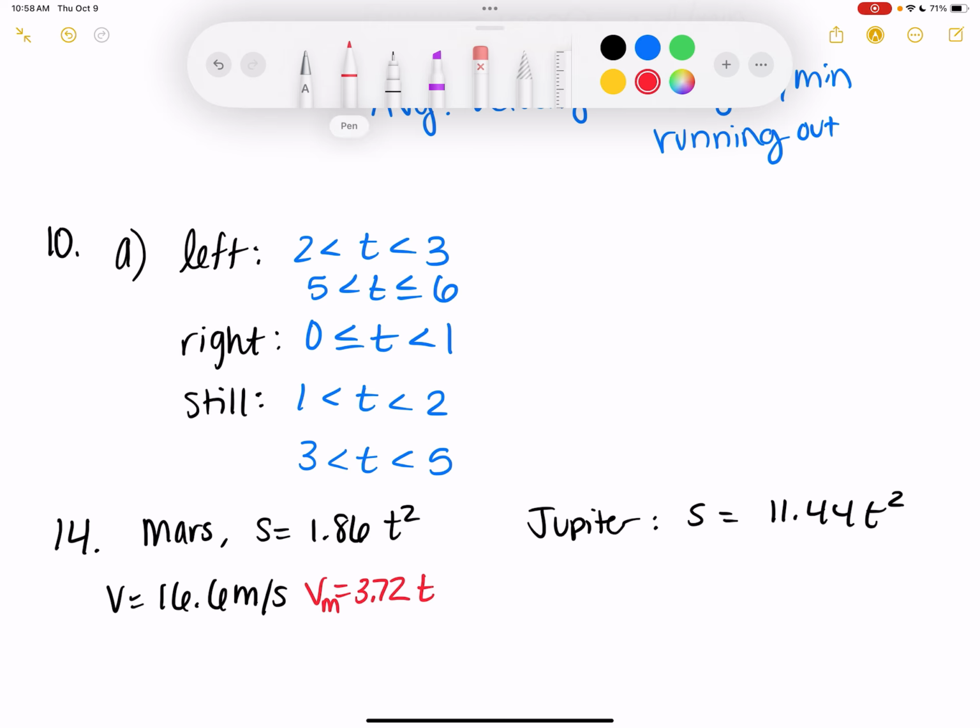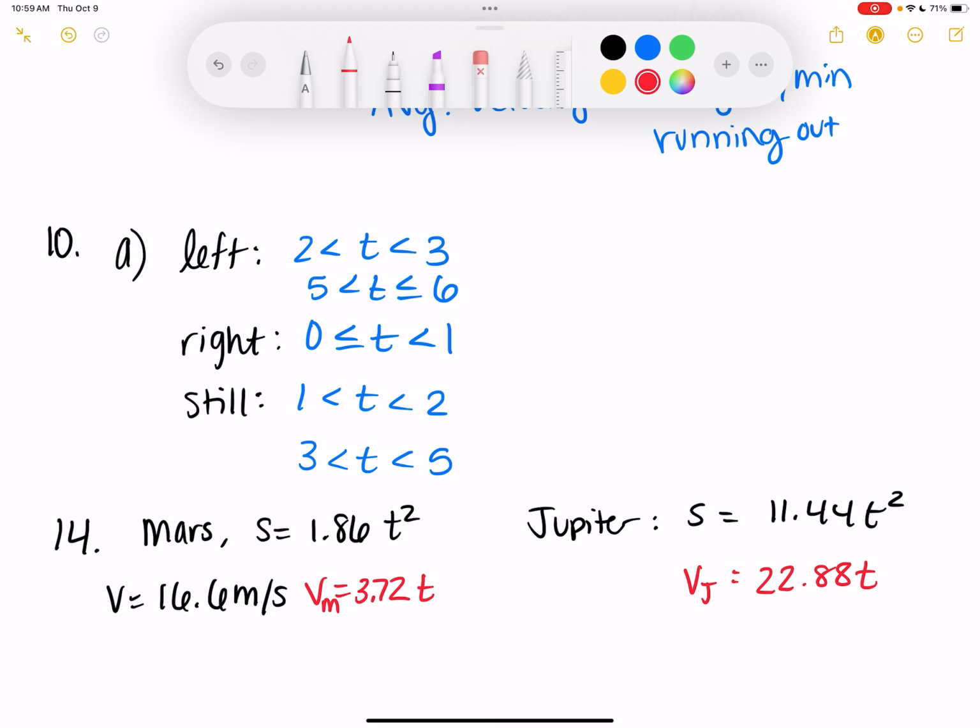The velocity on Jupiter is going to then be 22.88, I think, times t. These ones started from rest, so we don't have to have the crazy equations. But I'm trying to figure out how long it took to reach that velocity.